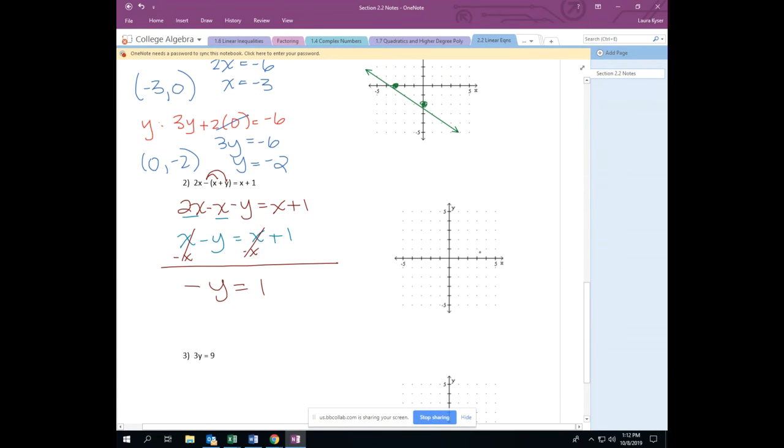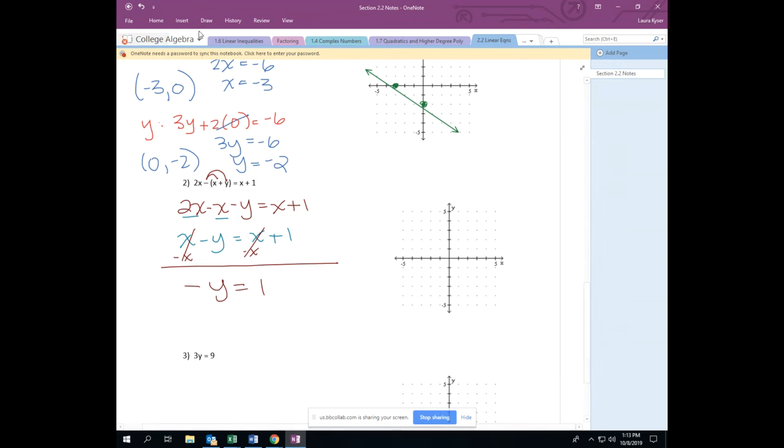Now, this is actually a special case, so let's go ahead and talk about that. You'll notice that during the course of the simplifying and solving here, we ended up completely removing the x variable out of the equation. When you have an equation that should have two variables but now only has one, this is a special case scenario.